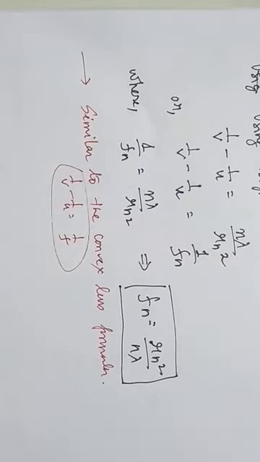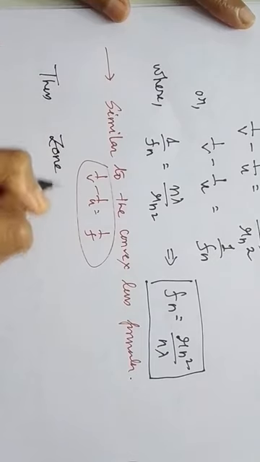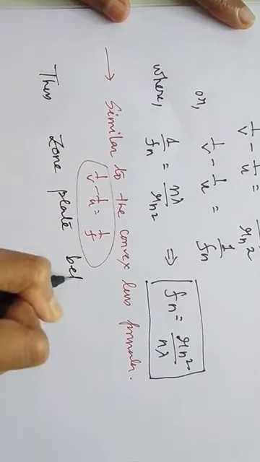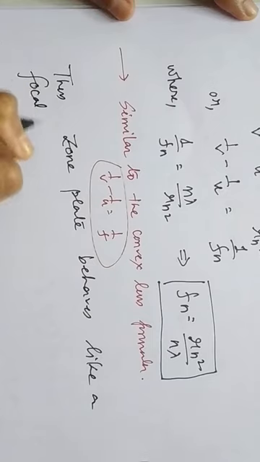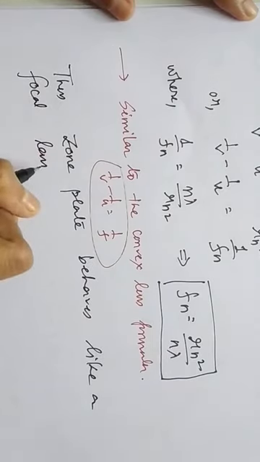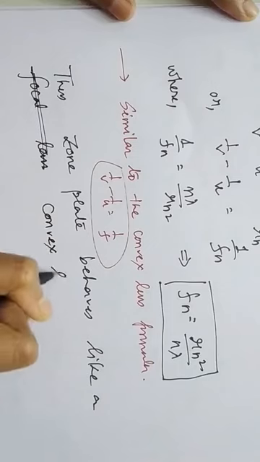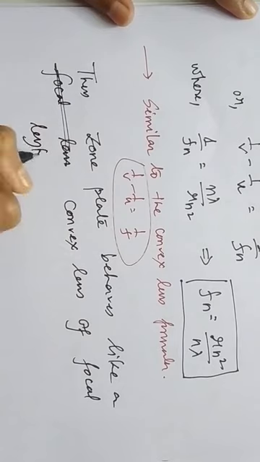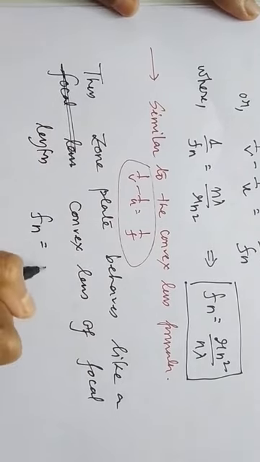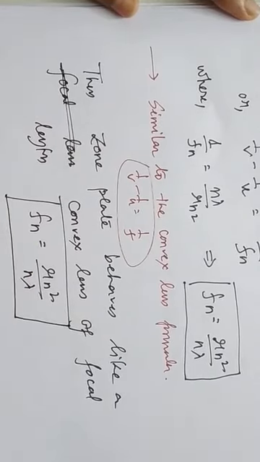So thus the zone plate behaves like a convex lens of focal length fn equals rn square by n lambda.